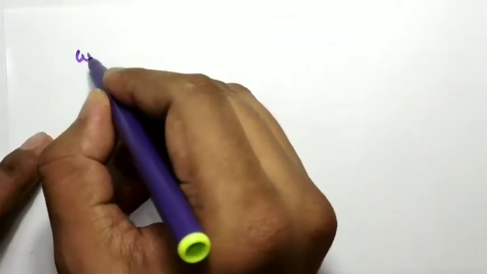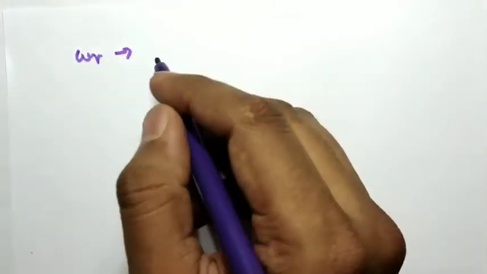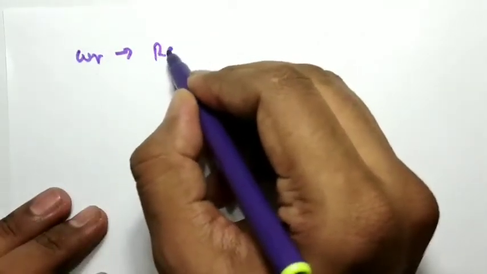So next, omega R. What is that? This is the resonant frequency.